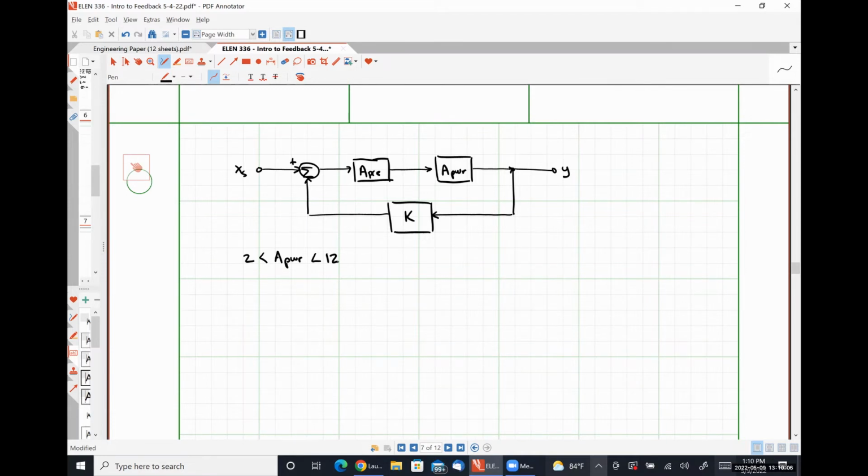Our goal is to have a gain with feedback of 100 plus or minus 5%, 95 to 105.